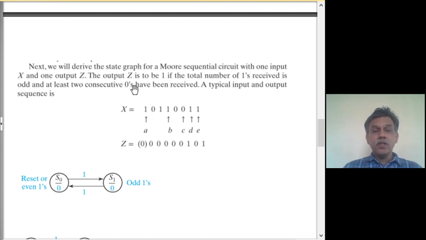But we should remember the count, because any time this condition can be met simply by getting 2 consecutive zeros. But the moment the condition is met, based on the number of ones received so far, we should start responding. So you cannot say that I will wait and keep outputting zeros without bothering about the count until 2 zeros have occurred.